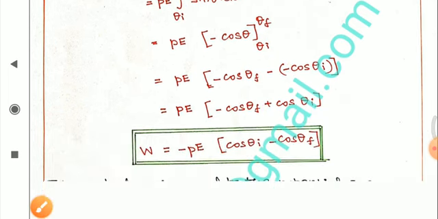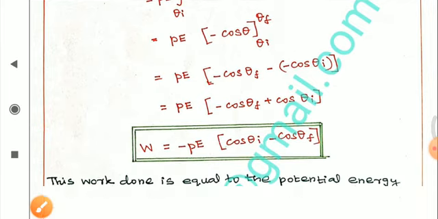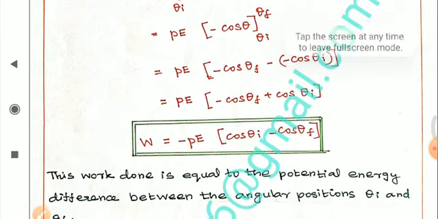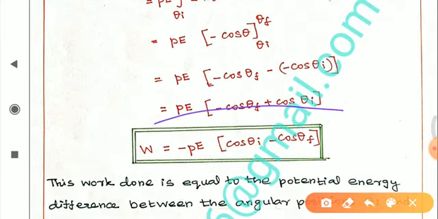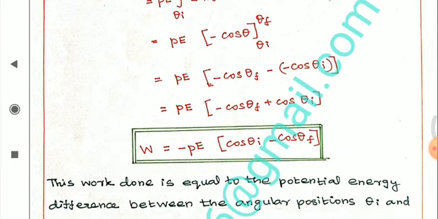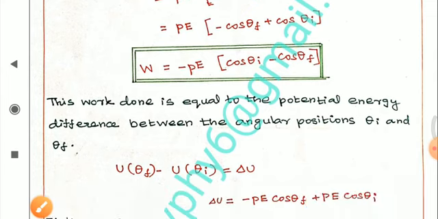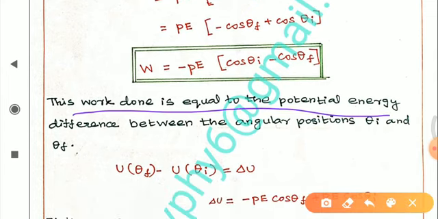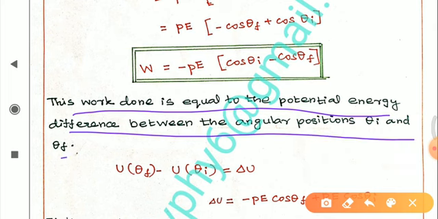Are you clear? Now W is equal to minus PE into cos theta I minus cos theta F. That is, first we write the positive value, cos theta I minus cos theta F. This is the amount of work done, which is equal to the potential energy difference between the angular positions.